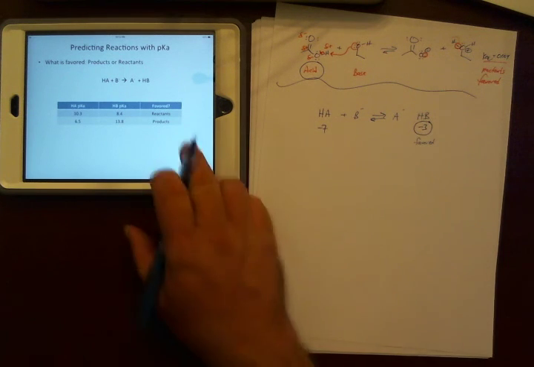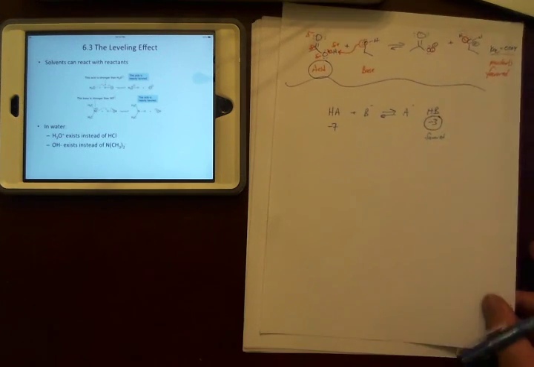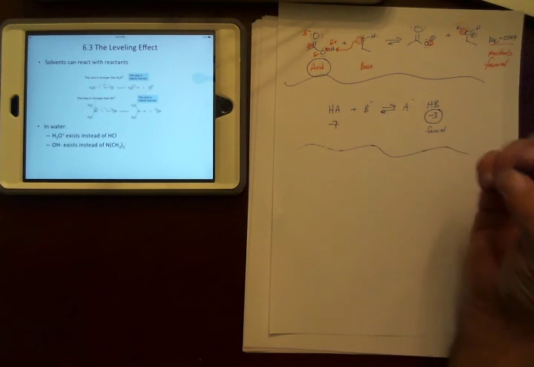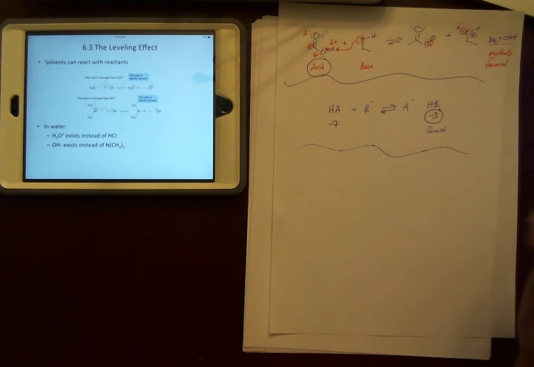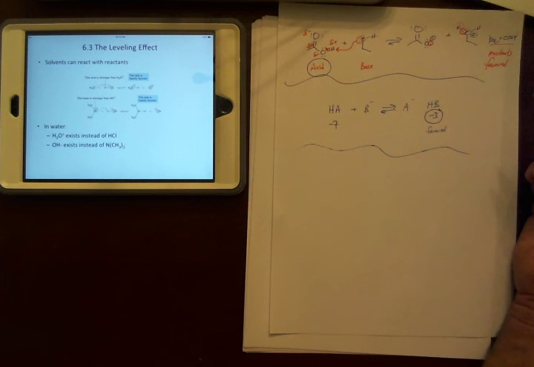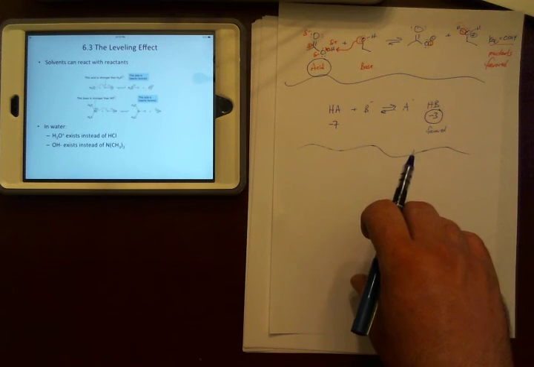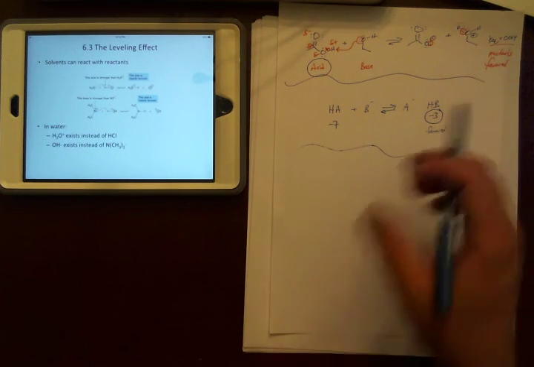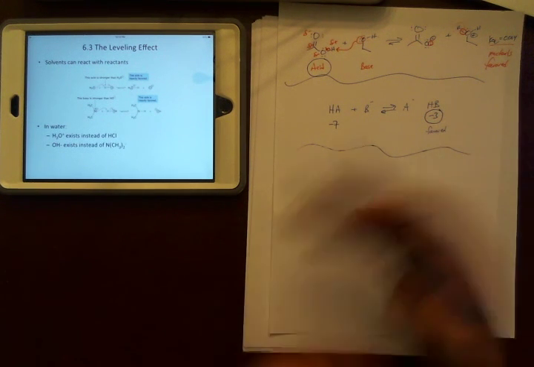Okay, so now there is the issue of this leveling effect. Basically, no matter what, if you're running a solvent that has an acidic hydrogen on it, then if your base is stronger than water, so let's say you're running water, it's just going to react with the water, and then you're going to kill whatever it is.